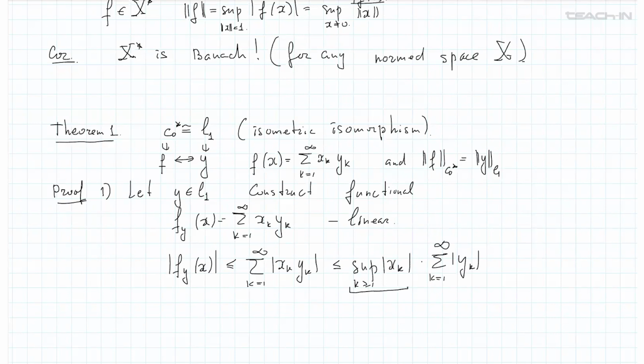This is just the norm of x in c_0, and this is just the norm of sequence y in l1. I don't write it, but of course this is correct.